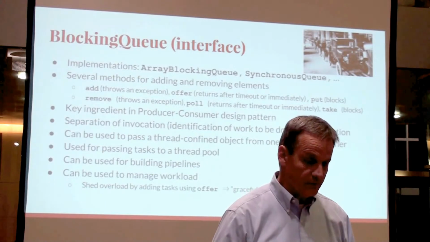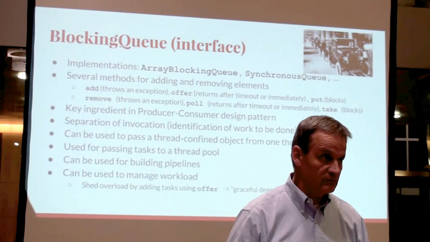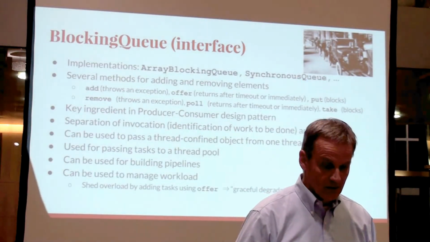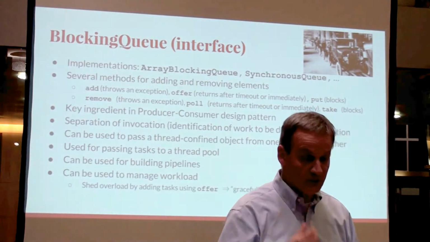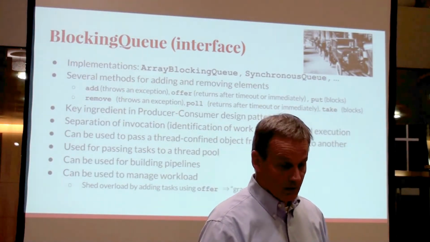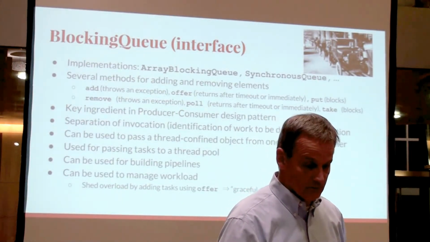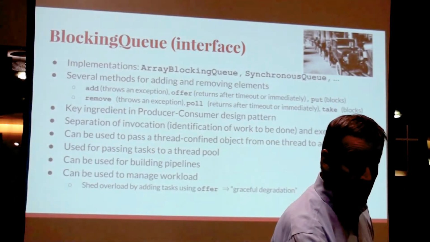Blocking queues have several methods. I mentioned earlier that you could throw an exception, or you could return a special value. So add throws an exception, offer returns immediately or after a timeout, and it has a boolean to indicate whether something was added to the queue or not, and then put blocks.